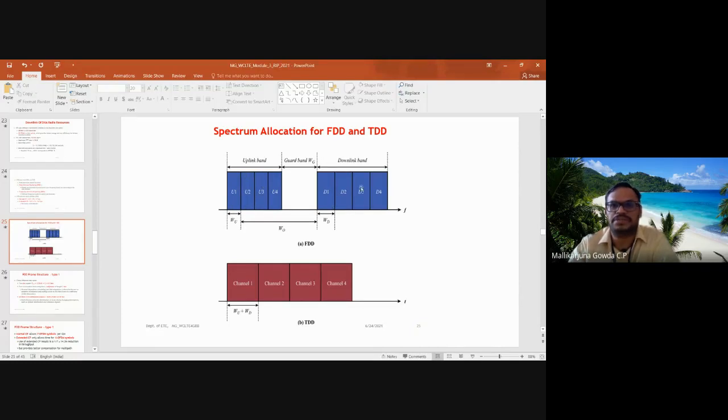Similarly, D1, D2, D3, D4 are the downlink frequency bands for user 1, user 2, user 3, user 4. Between the uplink and downlink there will be a guard band. And in case of TDD, both uplink and downlink will happen on the same frequency band, but at different timings. That is what TDD is.